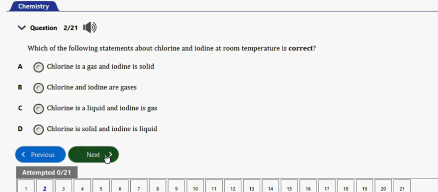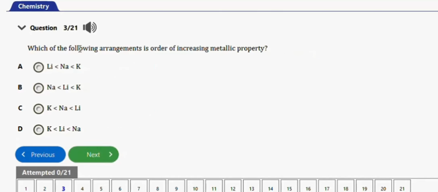The next repeated question will be this one. It says, which of the following arrangements is in order of increasing metallic property? We have lithium less than sodium, sodium is less than potassium. Then the other options with the order reversed.